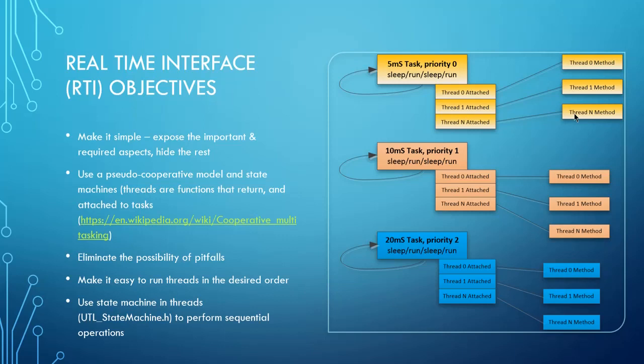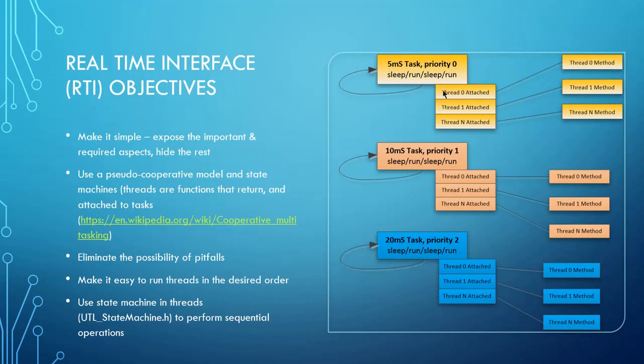They're functions that are called and then returned. So that's known as a cooperative model, and there's a nice explanation of what a cooperative multitask model is at this wiki site. And so that's a transition between an RTOS and a cooperative task model.